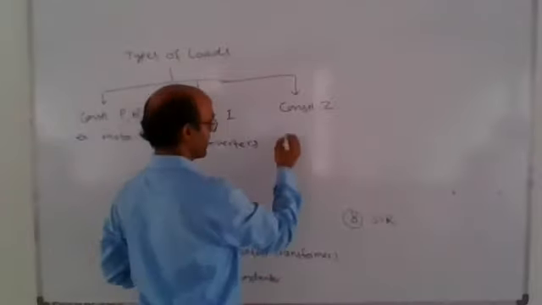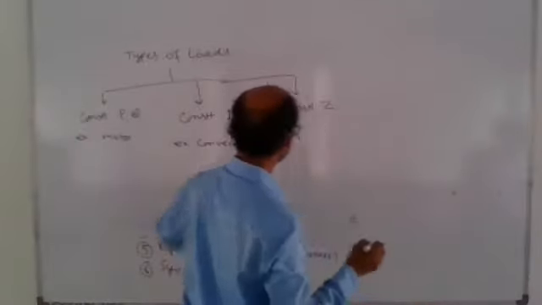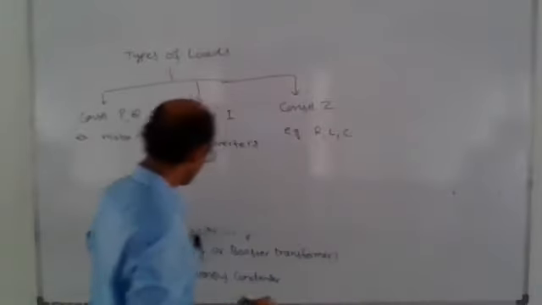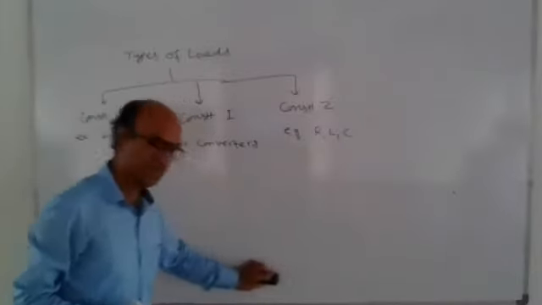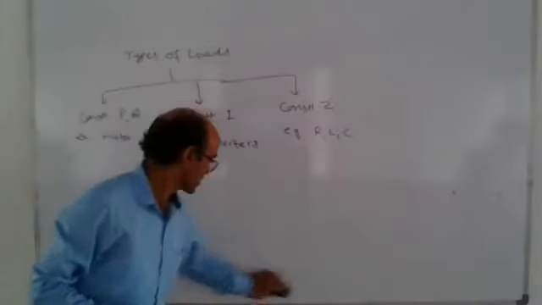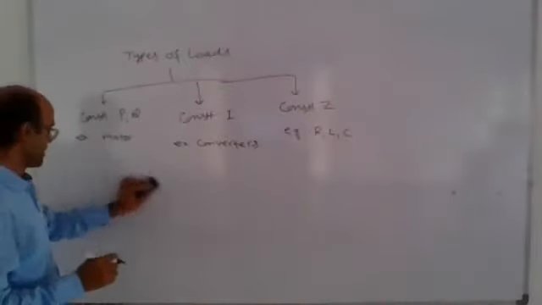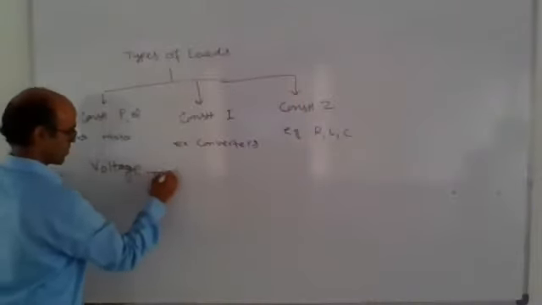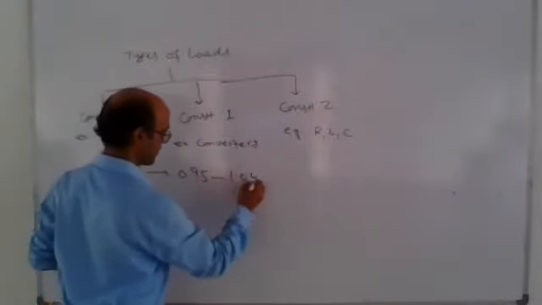Constant impedance load. What are the examples of this load? Resistor, inductor, capacitor. So these are the three types of load which we can find in our power system. To control the voltage, as per standard, voltage should be maintained between 0.95 per unit to 1.05.